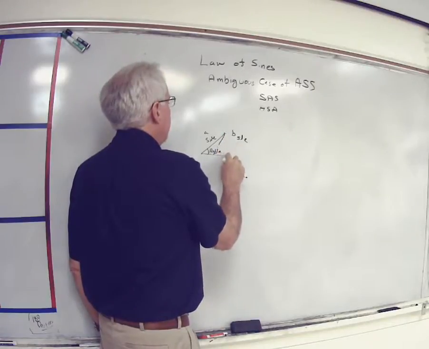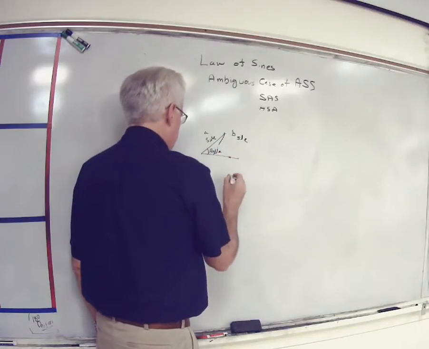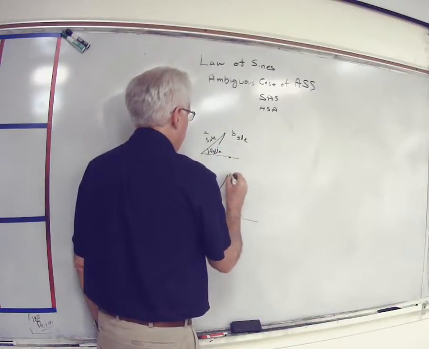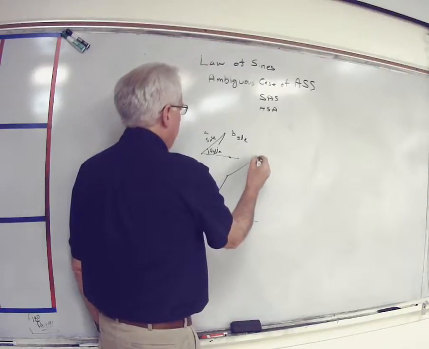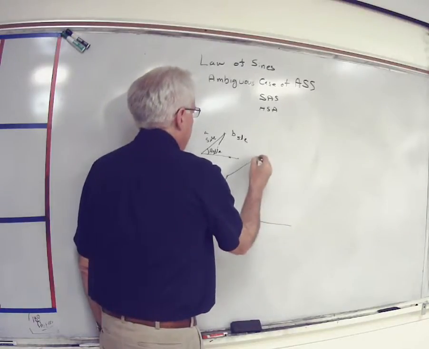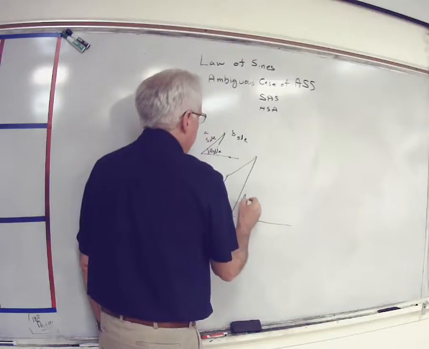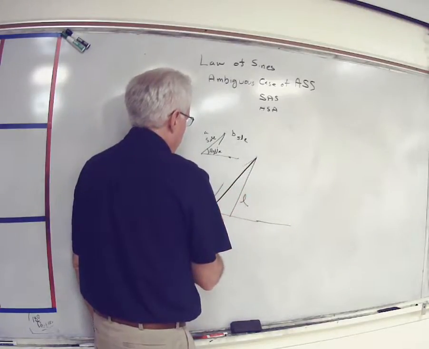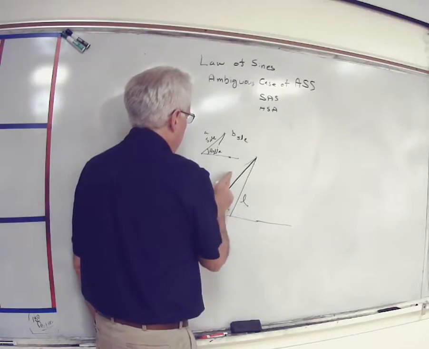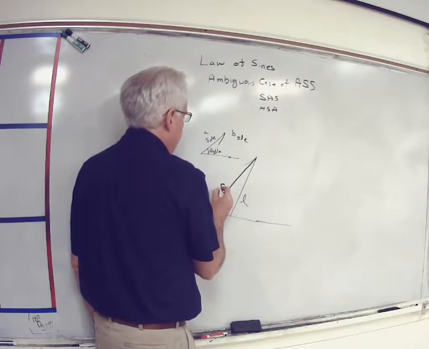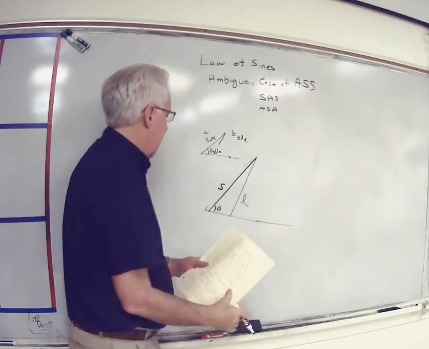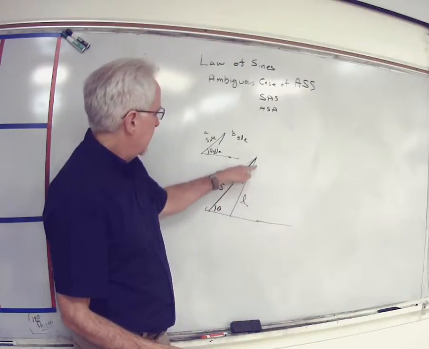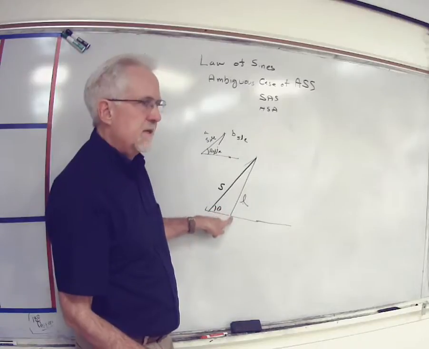But if I gave you this side, like let's draw it again. If I gave you this side and I told you it was L, so I give you this angle, and I give you this side, and I give you this side, so angle, side, side, and I tell you this side is this long.